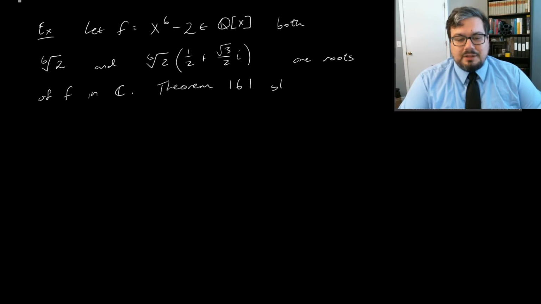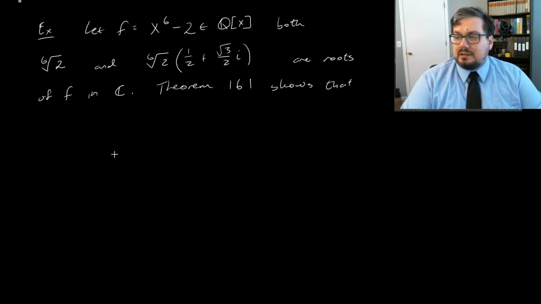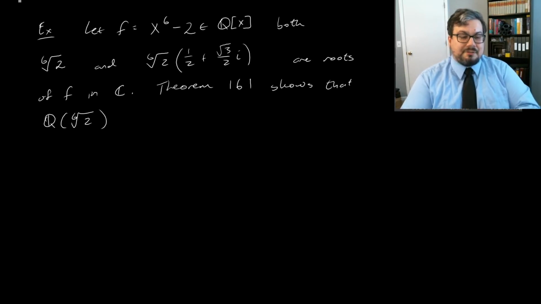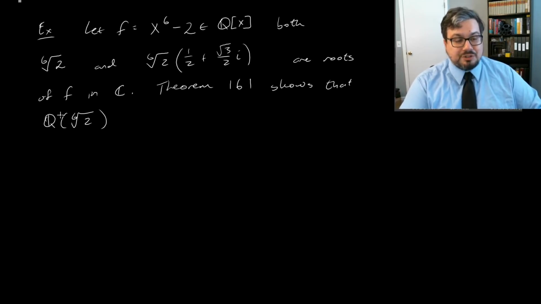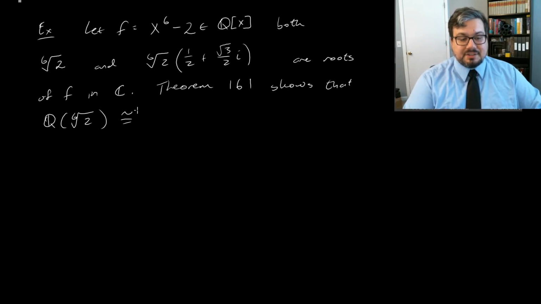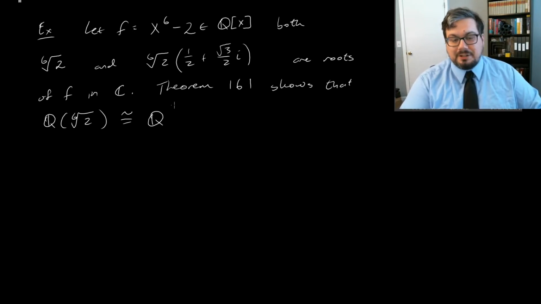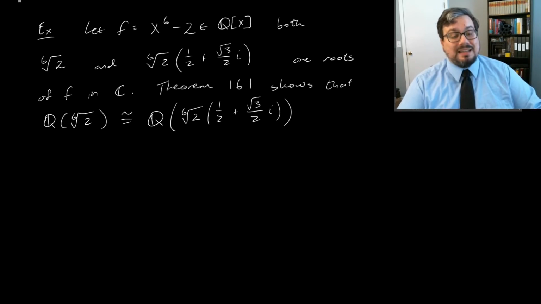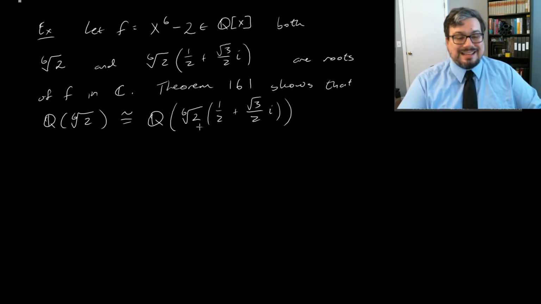So Theorem 161 shows that Q adjoin the sixth root of 2, the smallest subfield of the real numbers which contains both the rational numbers and the sixth root of 2, is isomorphic as Q extension fields to Q of the sixth root of 2 times 1/2 plus the square root of 3 over 2 i, the smallest subfield of the complex numbers containing both the rational numbers and this particular complex number.